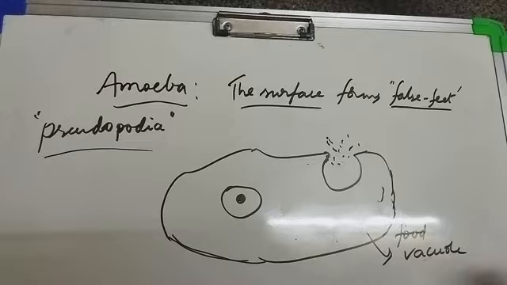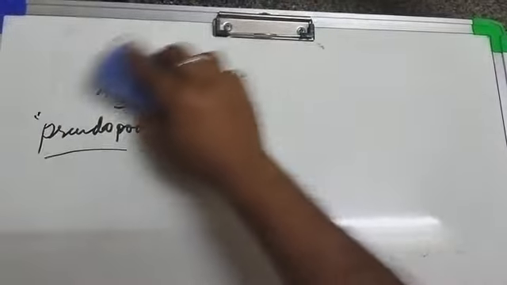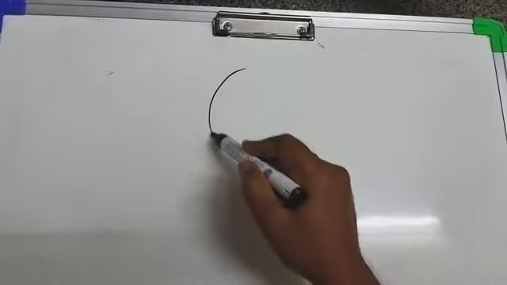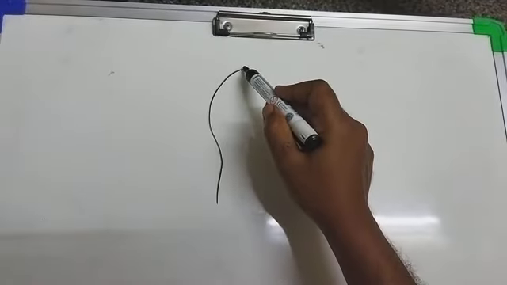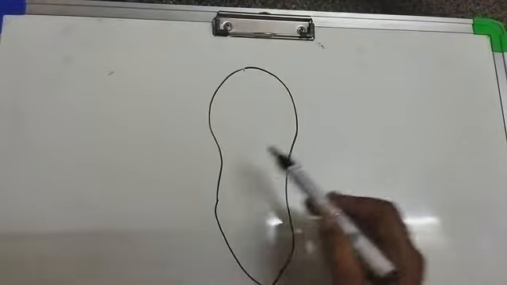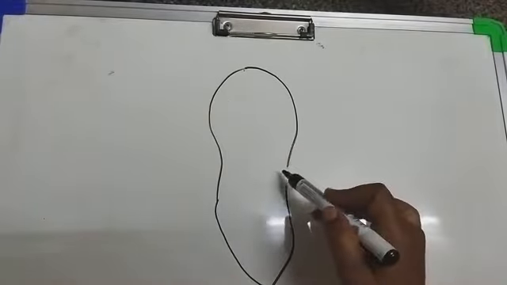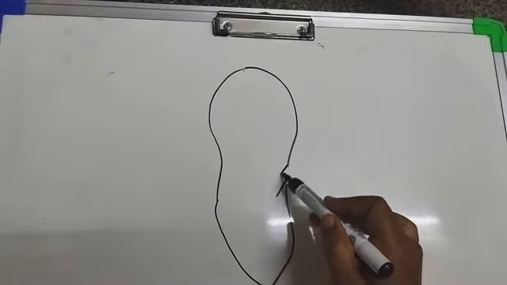Paramecium is also called slipper animalcule because of its specific shape like a slipper. At a specific spot, the food will be taken in.